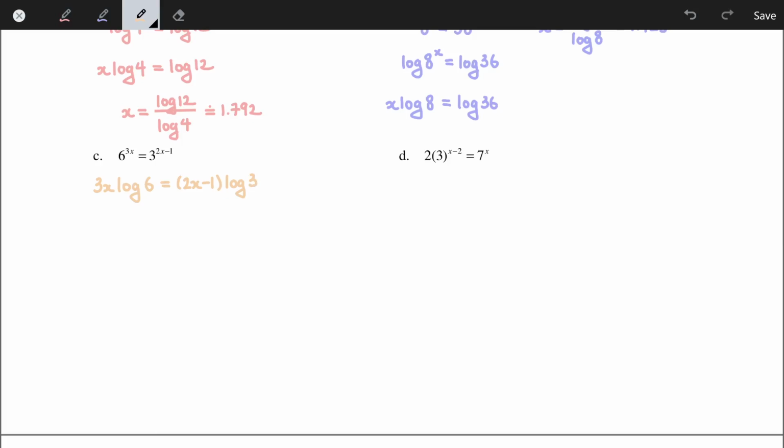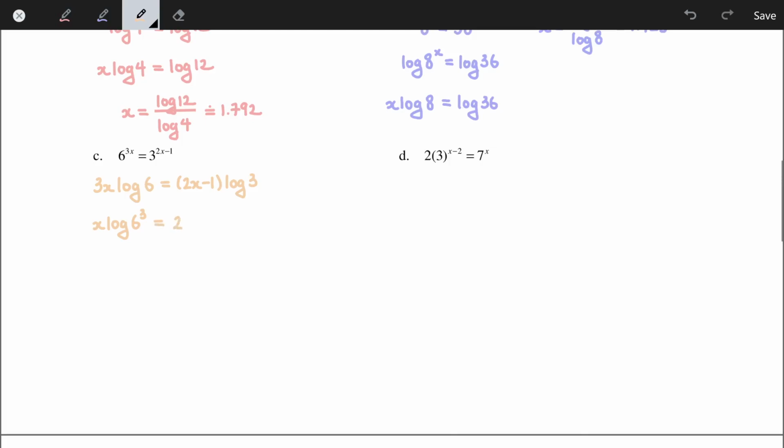So on the left-hand side, we can rewrite this as x log 6 cubed. So we can just move the 3 back to be an exponent, but leave the x in front of the logarithm. And on the right-hand side, we will distribute.